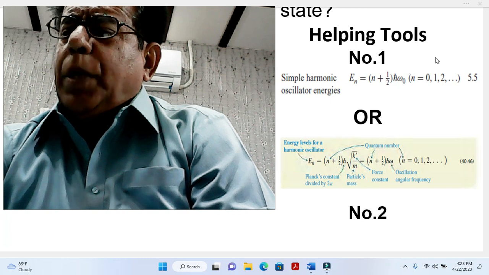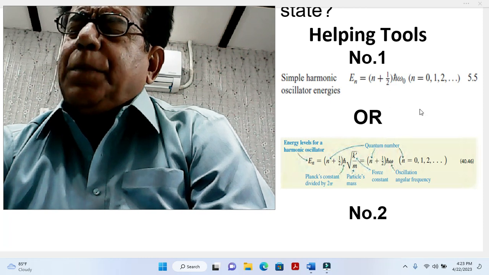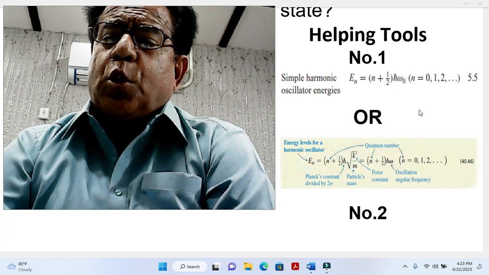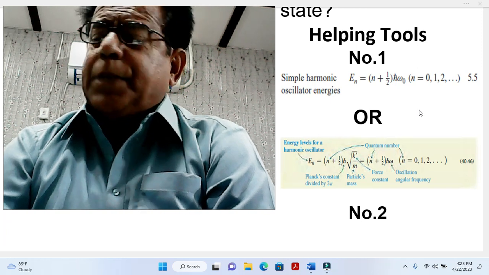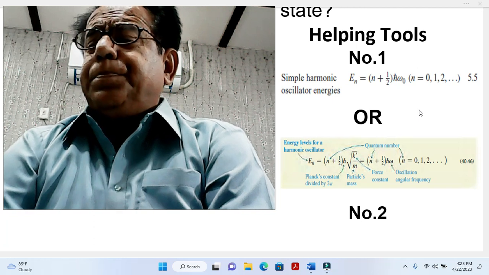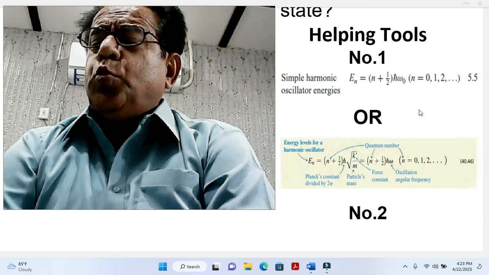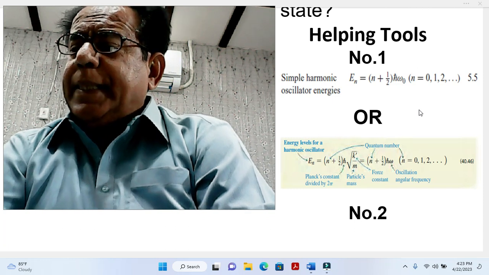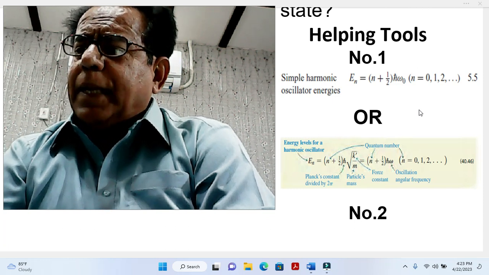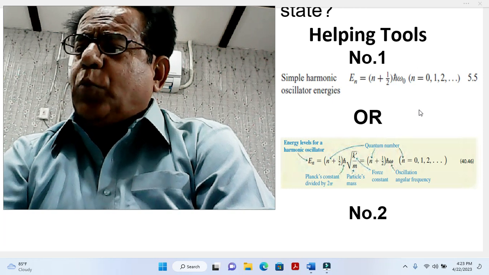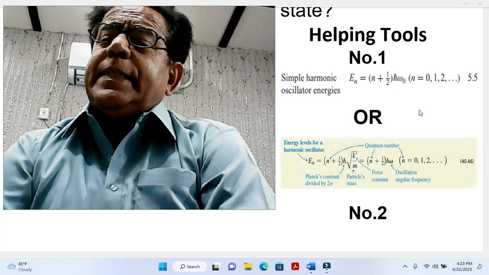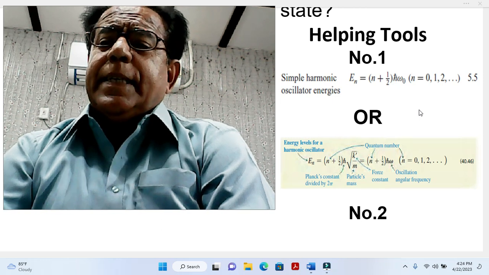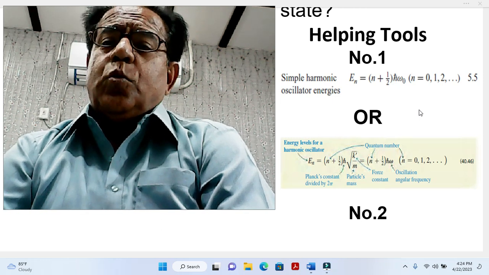Tool number 2 is very simple. I have taken 3 snapshots from three different books, and the purpose of tool number 2 is only to ensure that this W-like symbol, the oscillation angular frequency, is pronounced as omega.